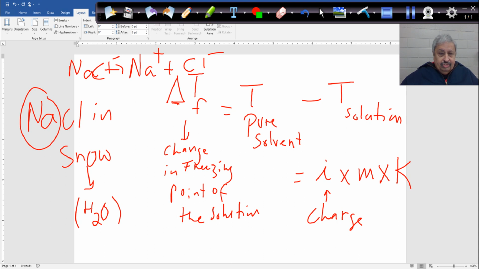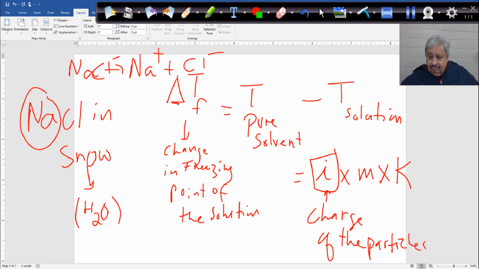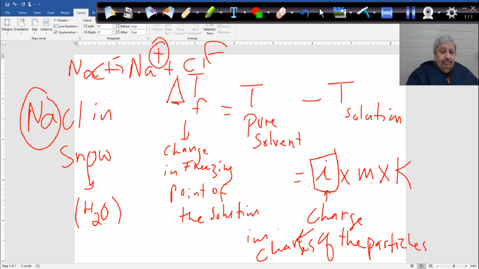Okay, so that's the charge. It will give you the charge of the particles, or ion charges. Calcium will be 2 plus, so it will be 2. So the charge here in this case is 1. Both of them is 1. So i is 1. m is molality.